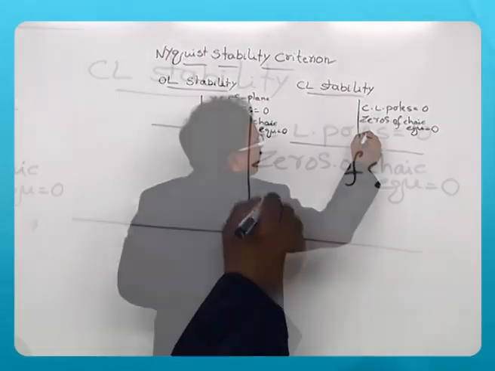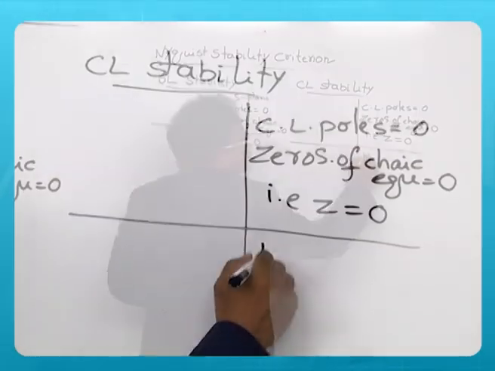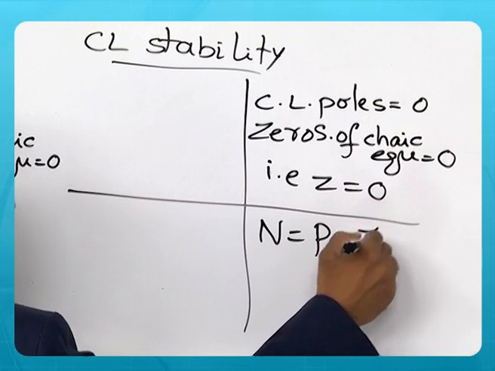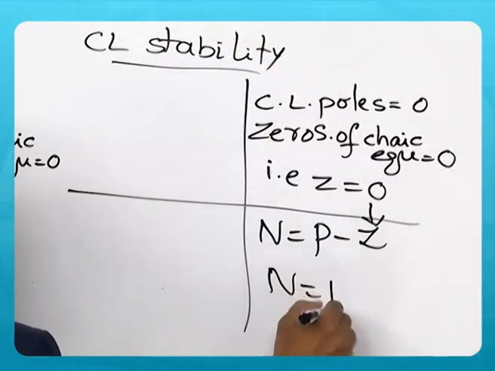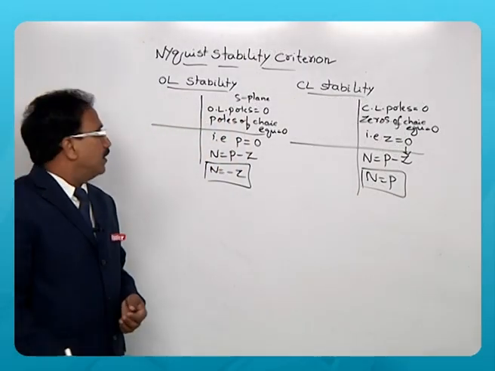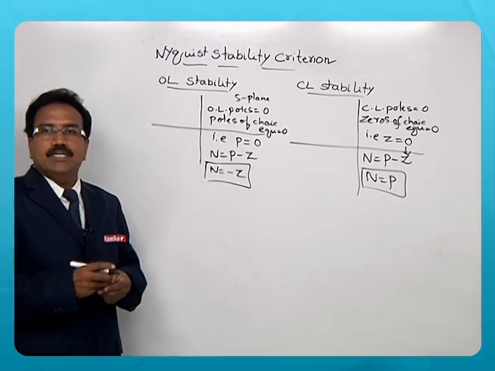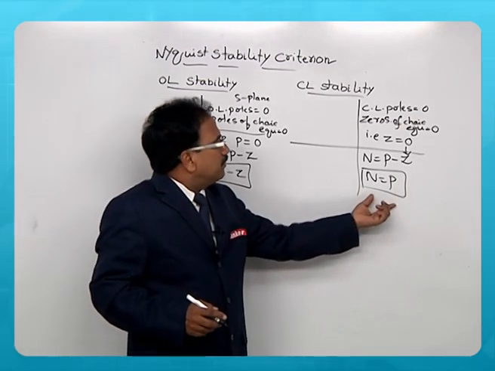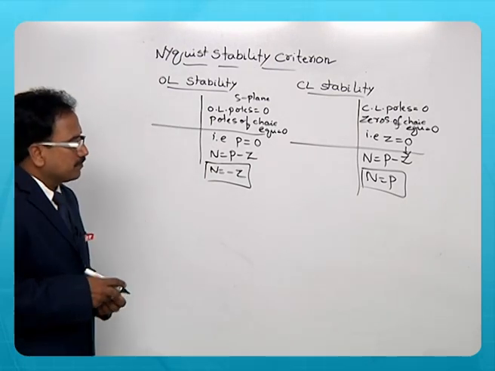That means Z should be equal to 0 in the given equation, n is equal to P minus Z. So when Z is 0, n should be equal to P for closed loop stability. So n should be equal to minus Z for open loop system stability, and n should be equal to P for closed loop system stability.